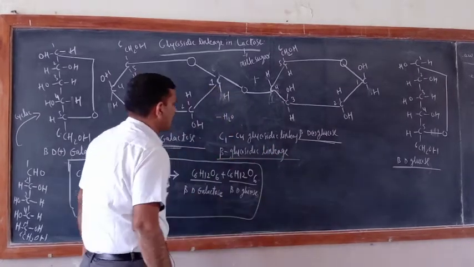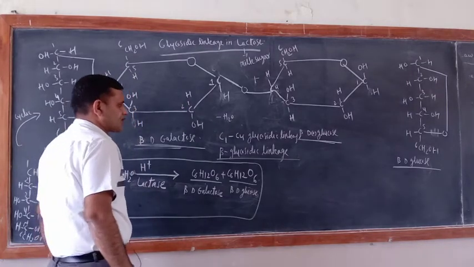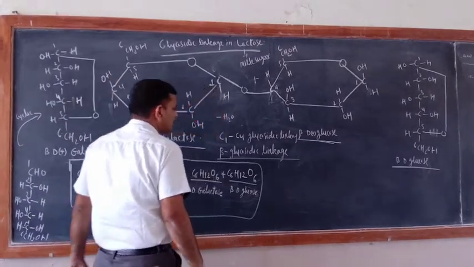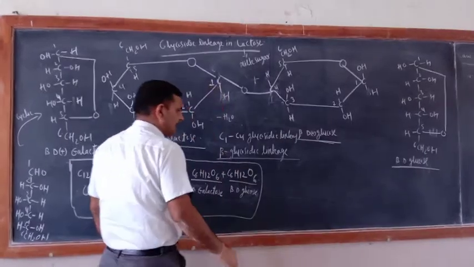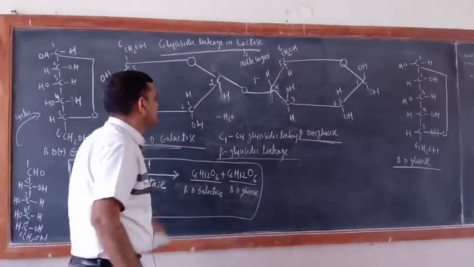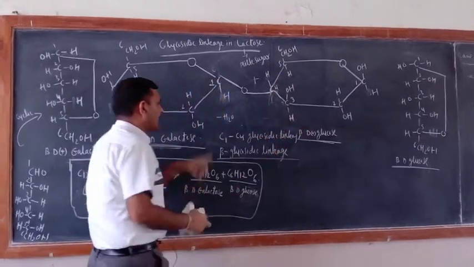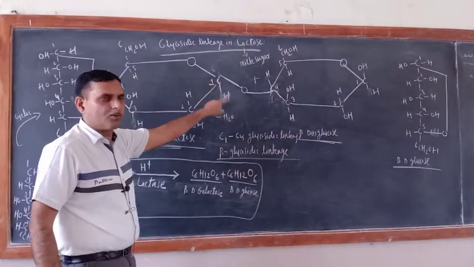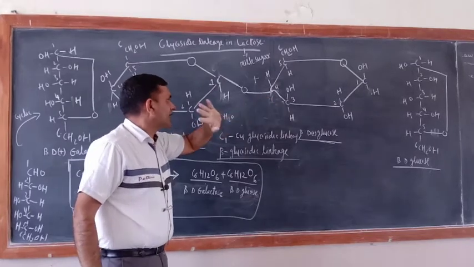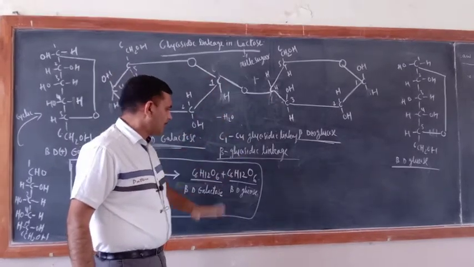Beta glycosidic linkage. No problem at all. So C1C4 glycosidic linkage, beta glycosidic linkage. We can say this one. Just you can say at C1 and here glucose fourth one unit, galactose first one carbon atom, and glucose fourth carbon atom. Rest everything is same only. No problem at all. Over.